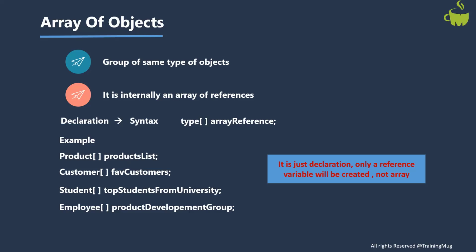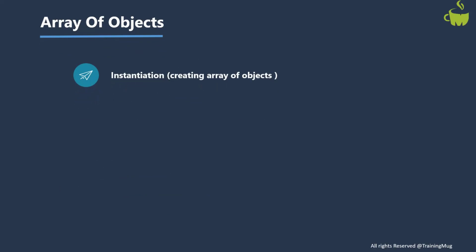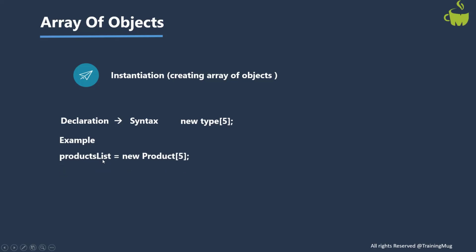Now let us understand how you create the array. To instantiate an array, we use the syntax new followed by the type, along with the size of elements that you want to store in that array. If you see the example, suppose you want to create an array of products. productList is a reference, which I'm now pointing to new Product[5].